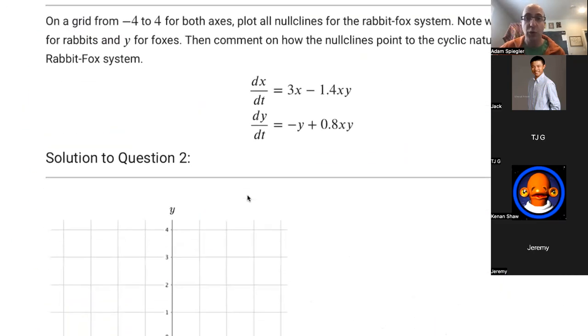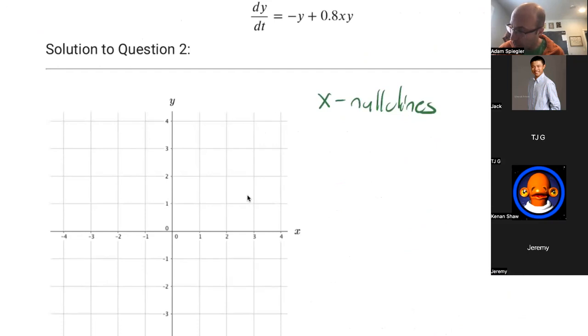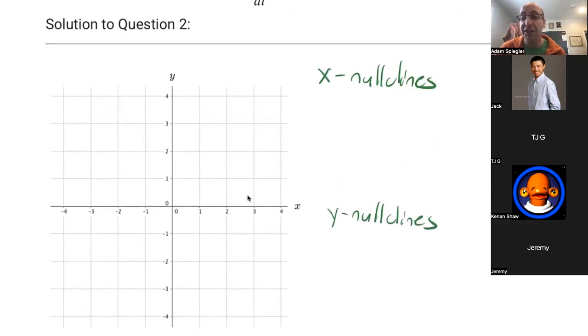I will give you some time to work on this. The idea is to find the X nullclines, and there may be more than one of them, to find the Y nullclines, and then determine the directions on those nullclines, so we get a rough sketch of the phase plane.